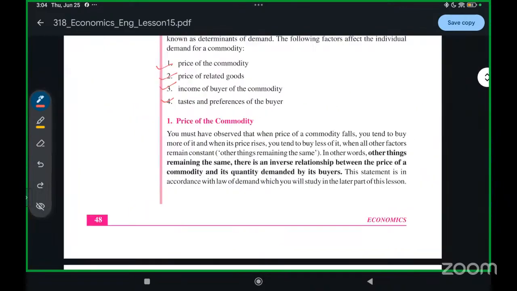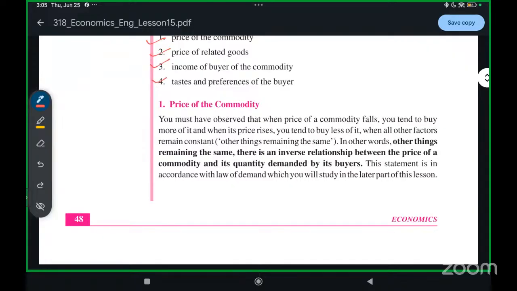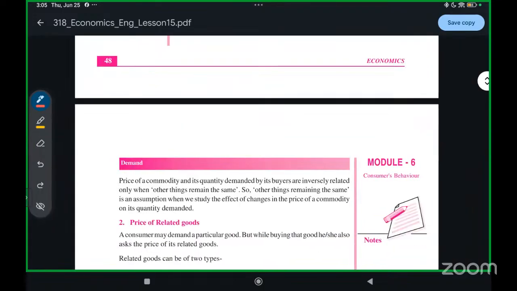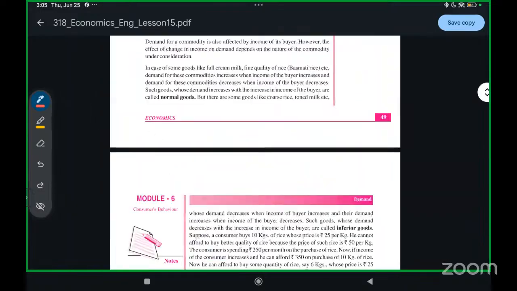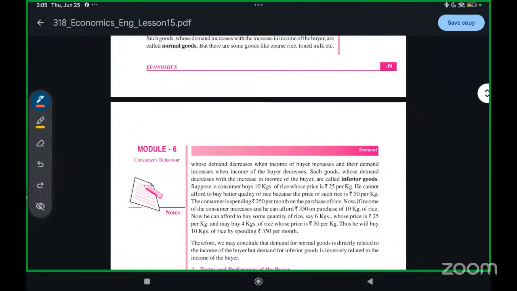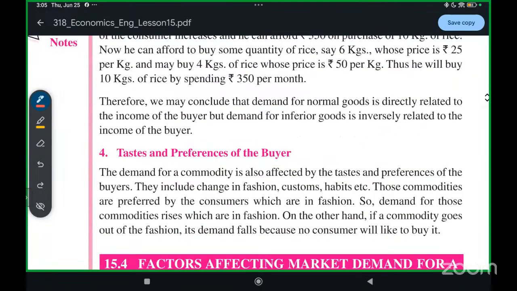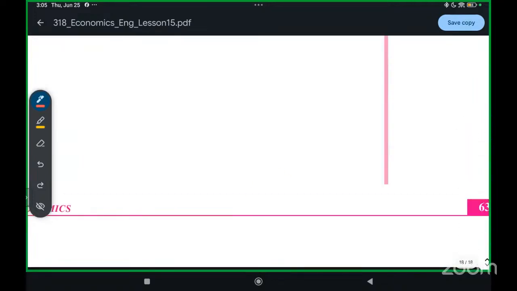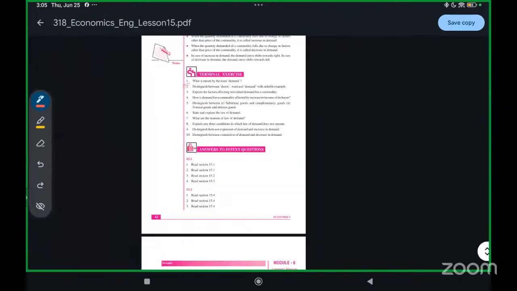You have the price of the commodity, and the price is changing. The biggest factor that affects the demand of an individual buyer is the change in price. Then change in price of the related goods, and after that we have income of the buyer. When income changes, the demand also changes, and then taste and preference of the buyer. These are the factors affecting the demand of a commodity.